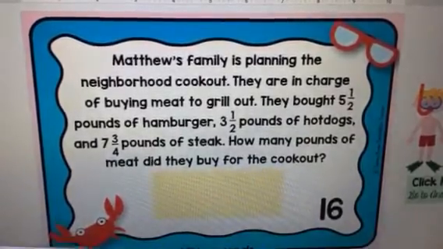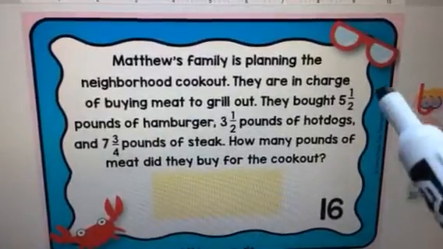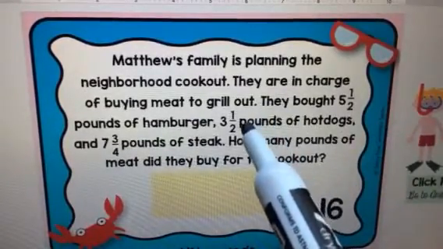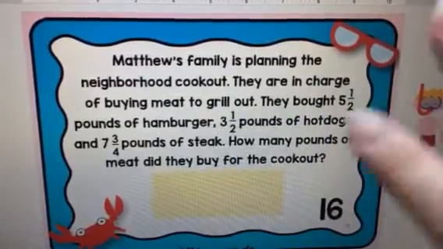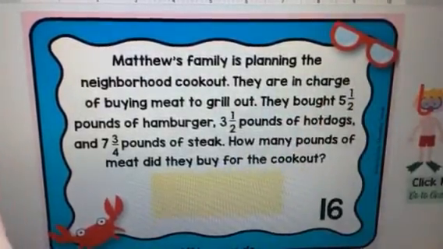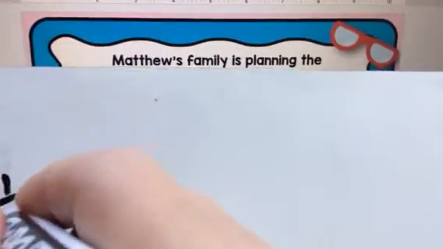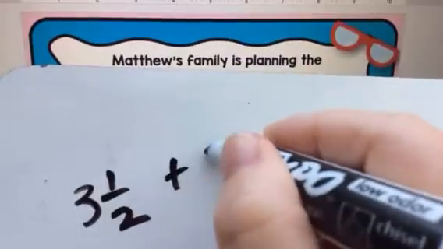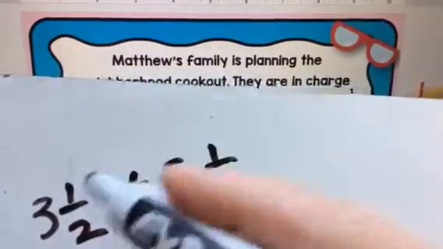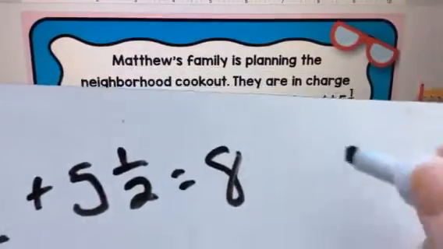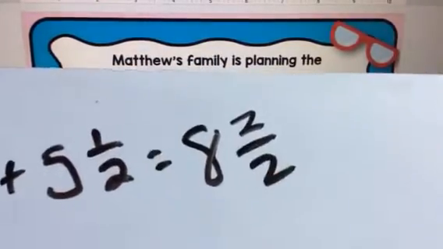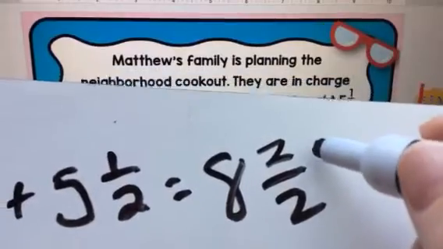But I am going to add together the 5 1/2 and 3 1/2 first, because they do have the same denominator, and then I'm going to add that to the 7 3/4 pounds. So 3.5 plus 5.5 is going to equal 8 and 2/2. Well, 2/2 is the same as 1.